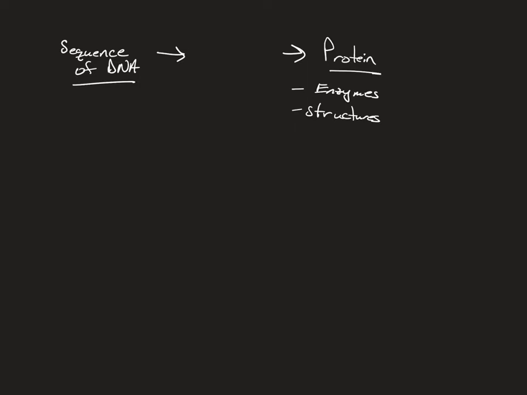All right, so how do we do that? Well, we go from DNA first, we make something called mRNA, and then we make protein. So going from DNA to mRNA, and we went over it a little bit for the last test, we call this transcription.